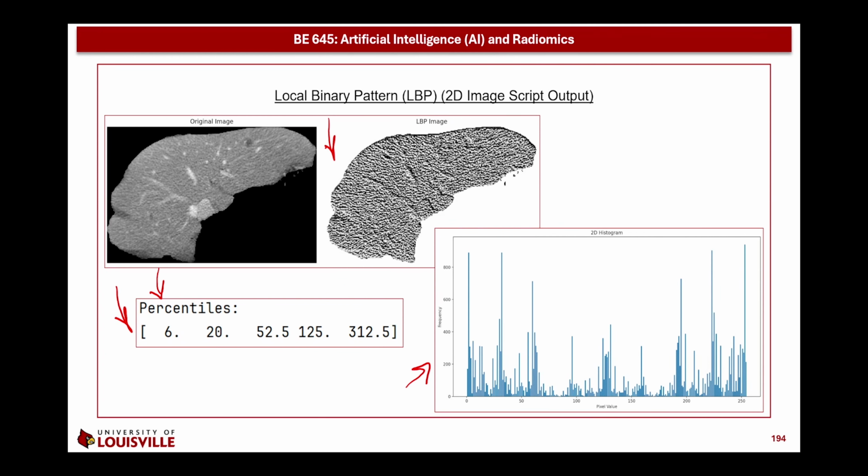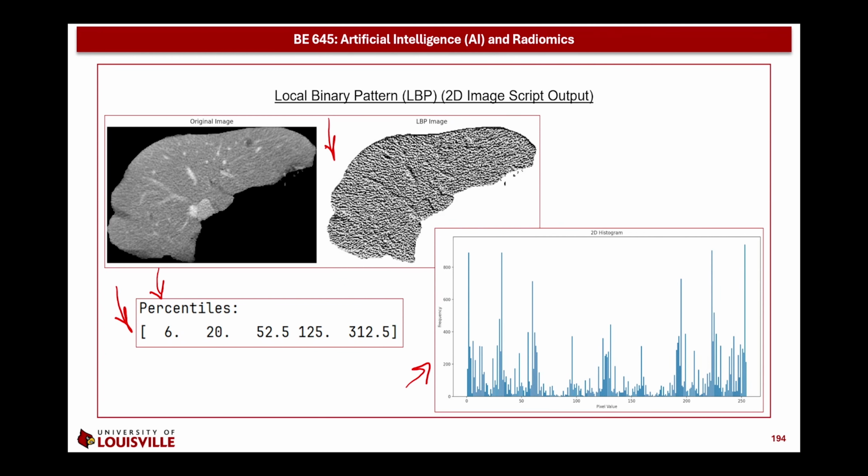For example, we can combine LBP and GLCM. Calculating the GLCM from the original image or from the local binary pattern involves distinct methodologies that capture different aspects of texture and spatial relationships within the image.